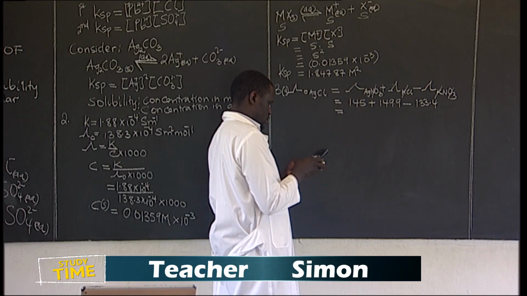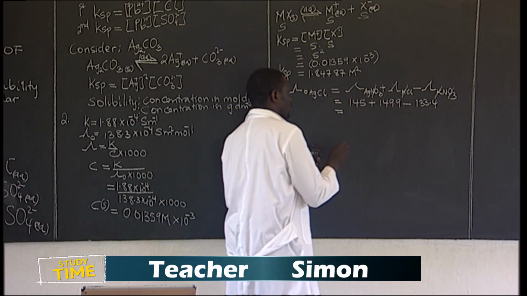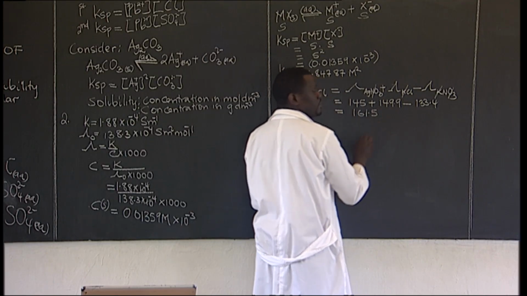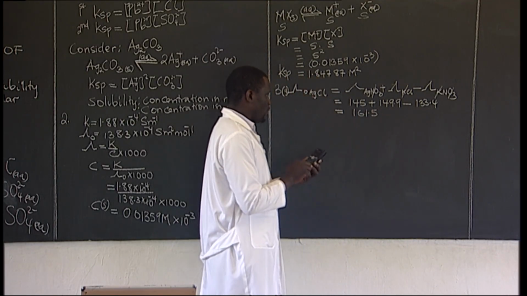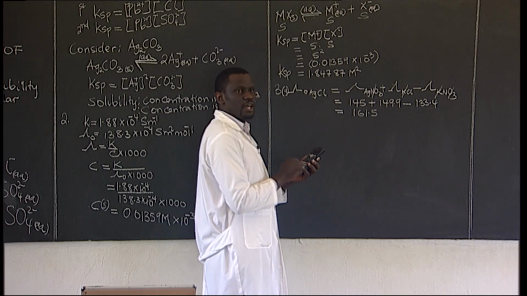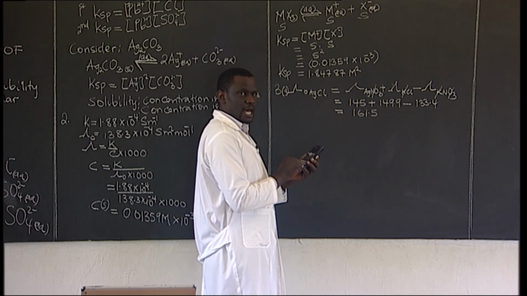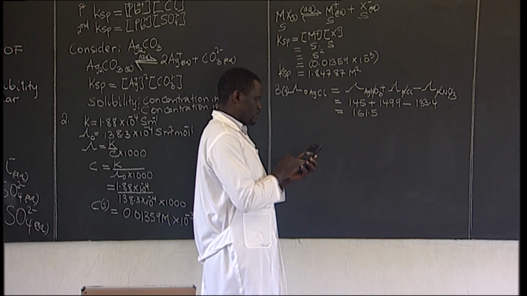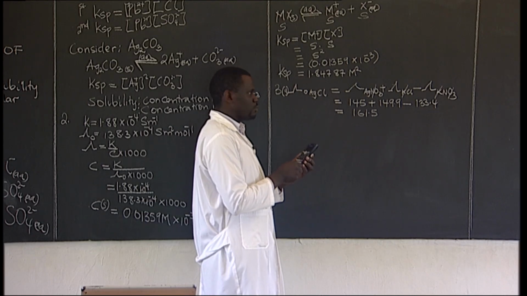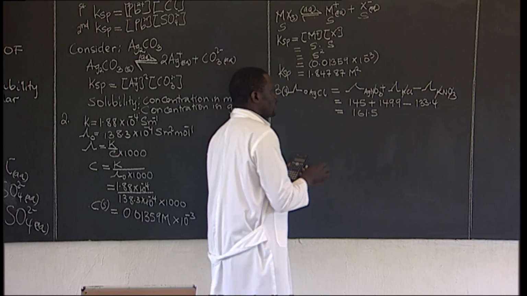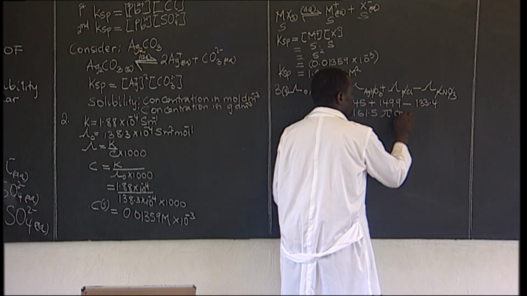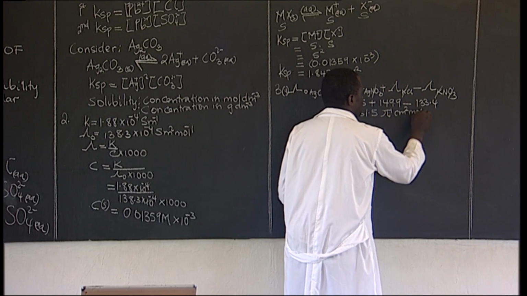Point 4, yeah. So our answer is 161.5. It is very good to check our answers, 145 plus 149.9 minus 133.4, because our question is continuous. So if you make a mistake on the first question, it means everything becomes wrong. So we say per mole.